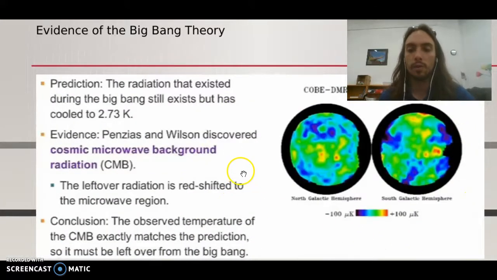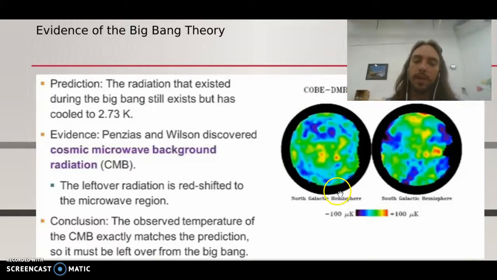So we know the frequency of the wavelengths, and we know where that correlates to shifting, redshift or blue shift. And since we know that it's a redshift in the parts of space that are empty, we can make a conclusion that the observed temperature of the cosmic microwave background radiation is there because of leftover radiation from the Big Bang.